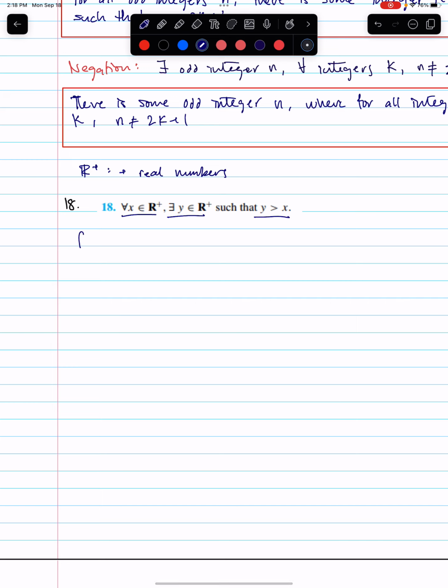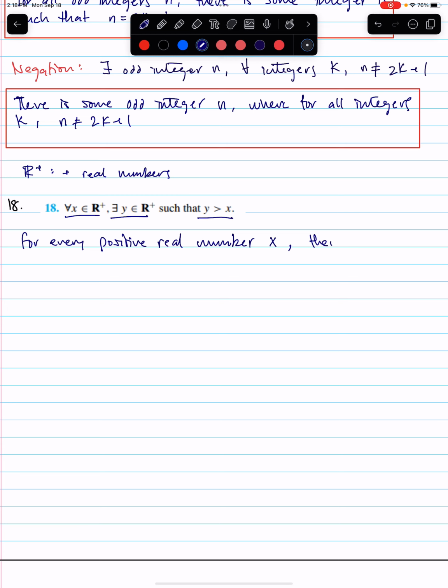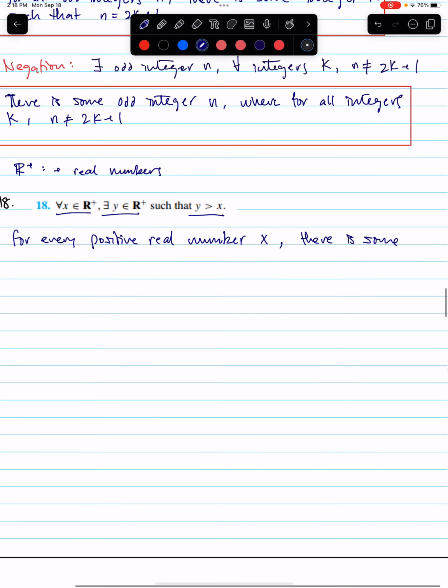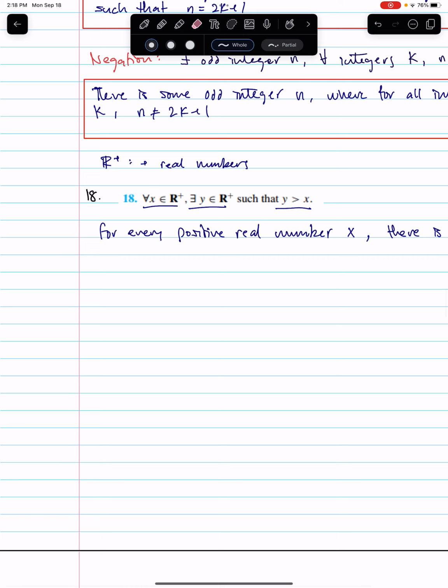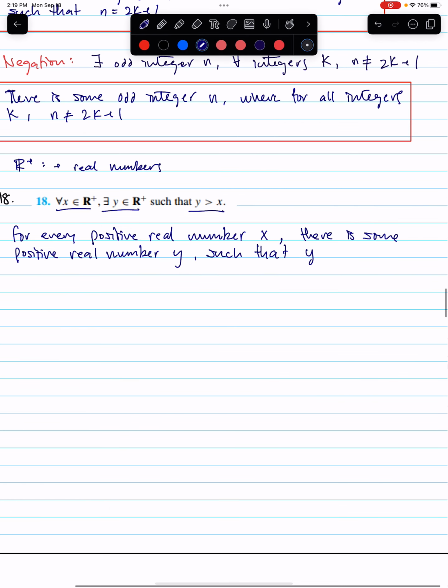We'll say for every positive real number x, there is some positive real number y such that y is greater than x.